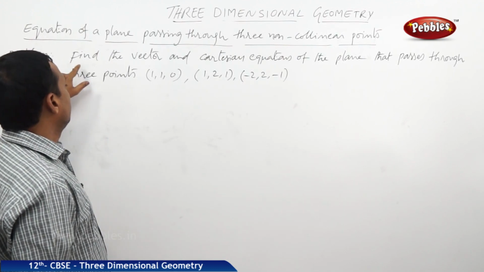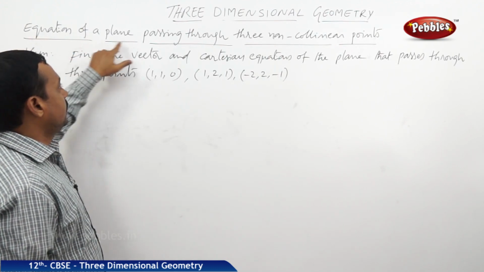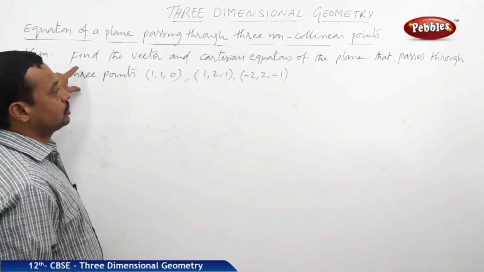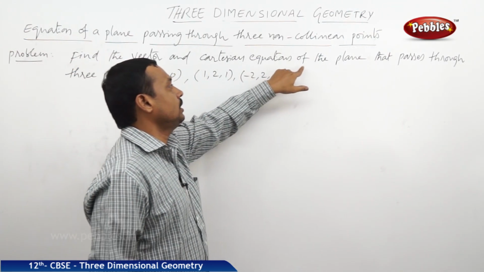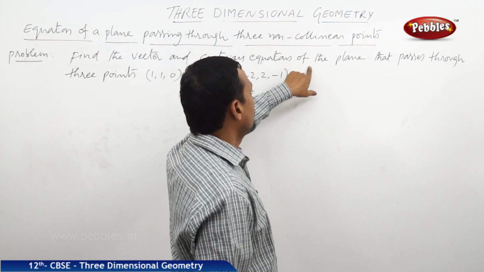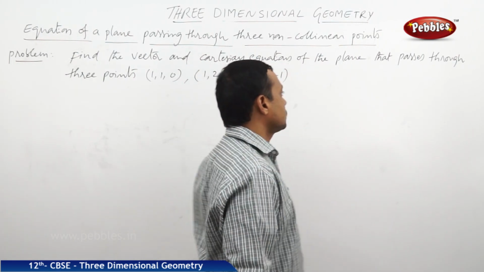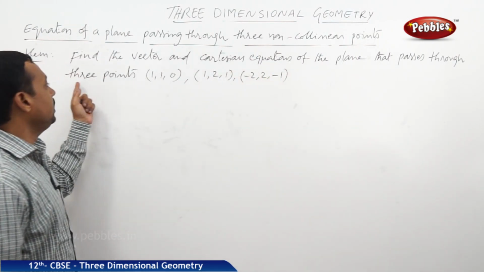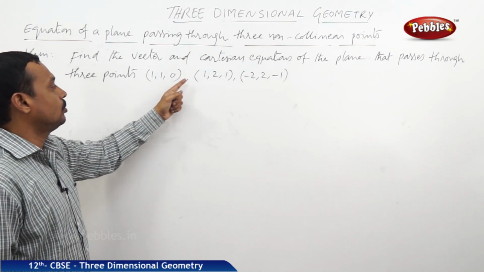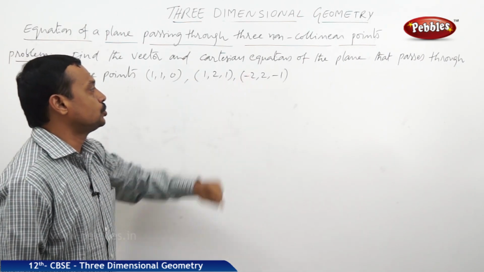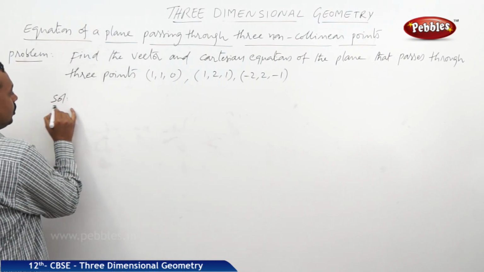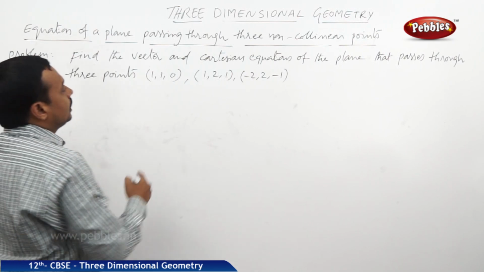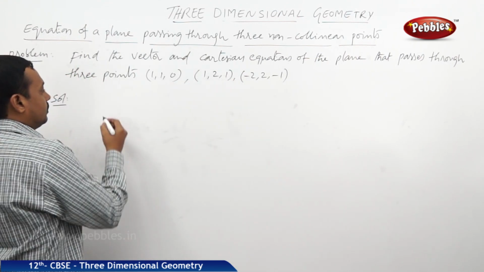Now, one problem on the equation of a plane passing through three points. Find the vector and the Cartesian equations of the plane that passes through the three points (1, 1, 0), (1, 2, 1), (minus 2, 2, minus 1). Here three points are given.